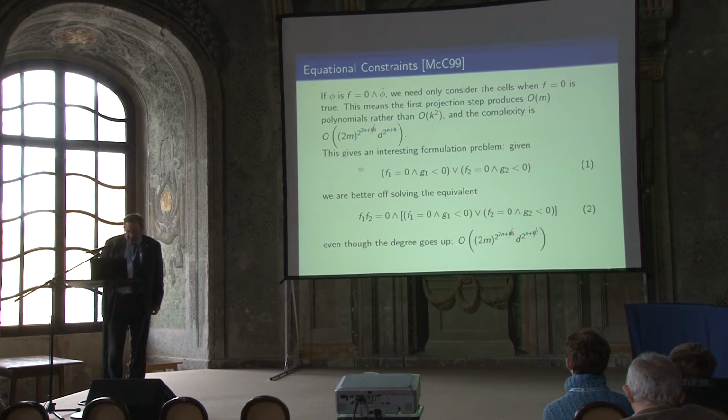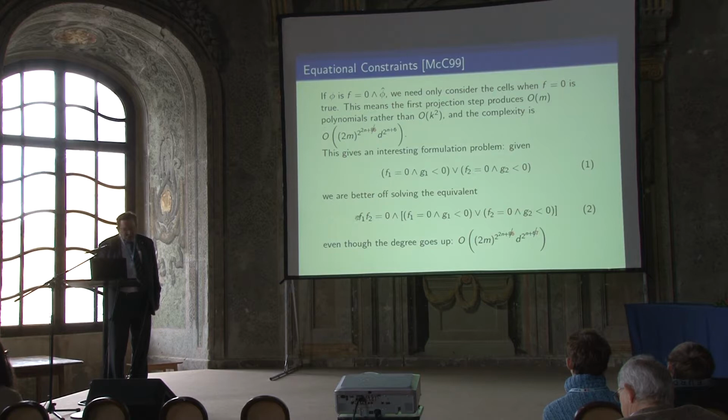Now, this actually gives you an interesting question. Suppose my problem is that f1 equals 0 and g1 is less than 0, or f2 equals 0 and g2 is less than 0. This doesn't look like that. But it actually is. I can write it as f1 f2 equals 0 and all this lot. f1 f2 equals 0 doesn't add anything because either f1 is 0 or f2 is 0.